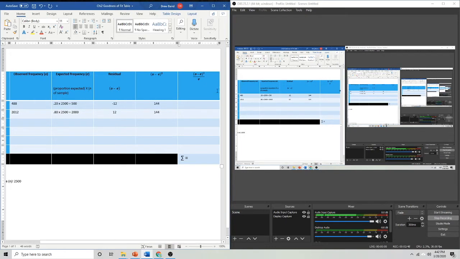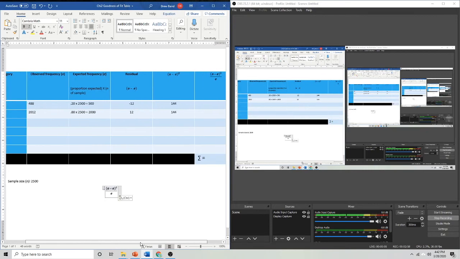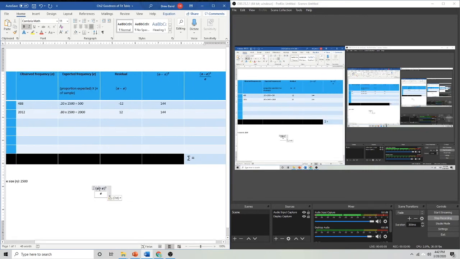Now this is where you start doing your calculations. For off-campus residents, our residual squared ended up being 144, and our expected value was 500.